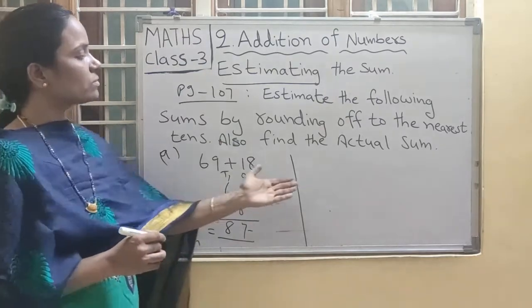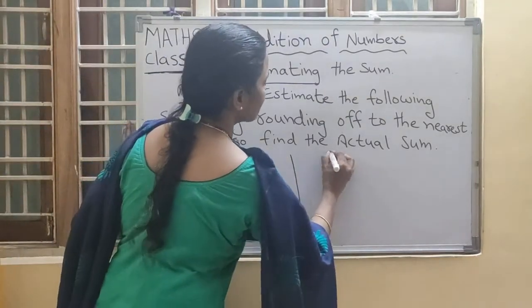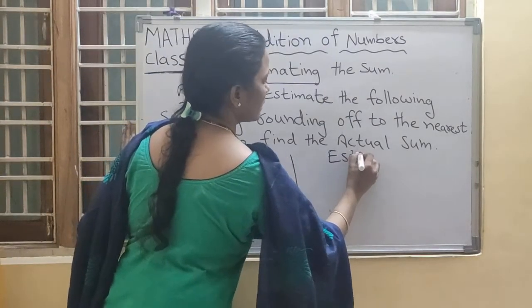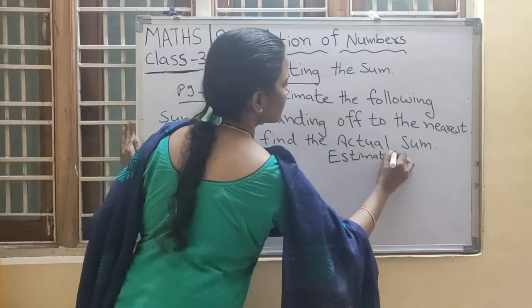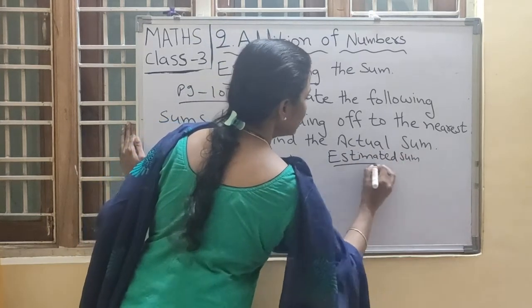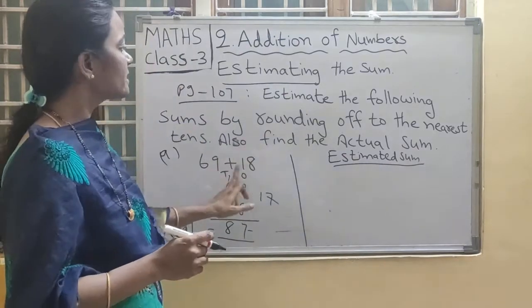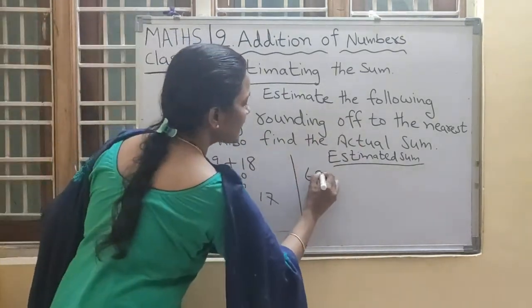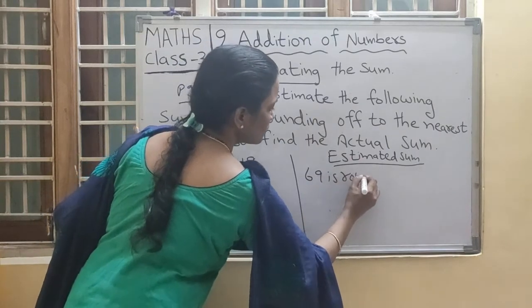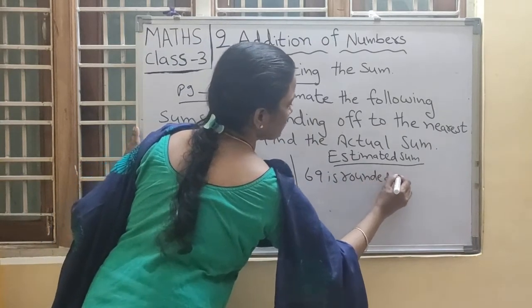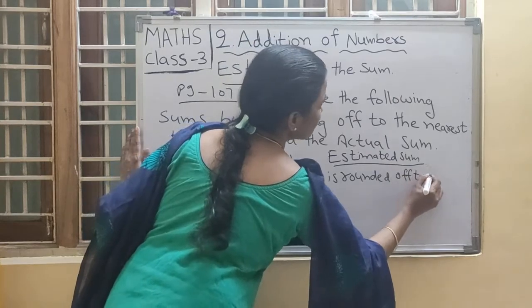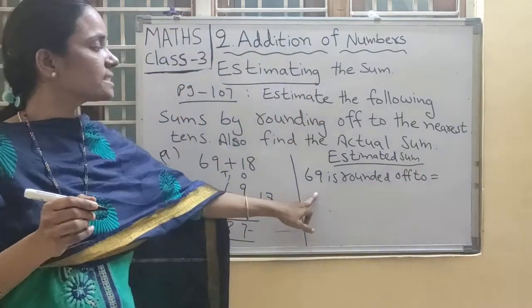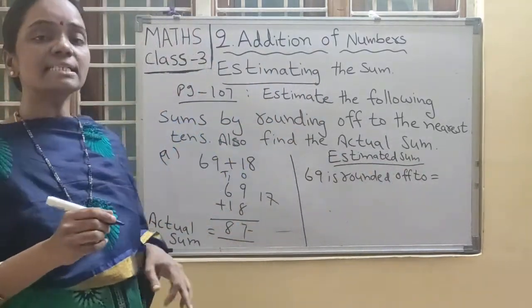Yes children, now we are going to find out the estimated sum. Estimated sum means we have to round off these numbers to the nearest tens. Now take 69. 69 is rounded off to which nearest 10?